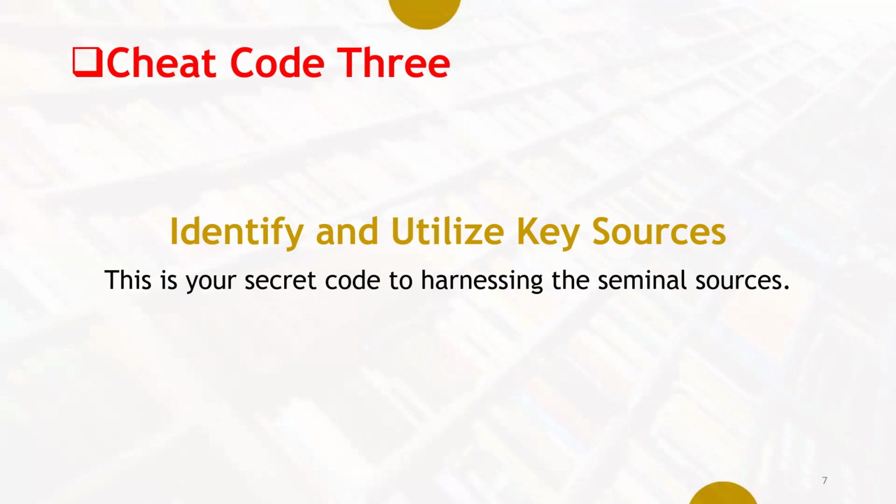That being said, cheat code number 3: identify and utilize key sources. Look for influential papers and highly cited sources in your field. Review articles are gold mines as they often summarize the current state of research and reference other important works.